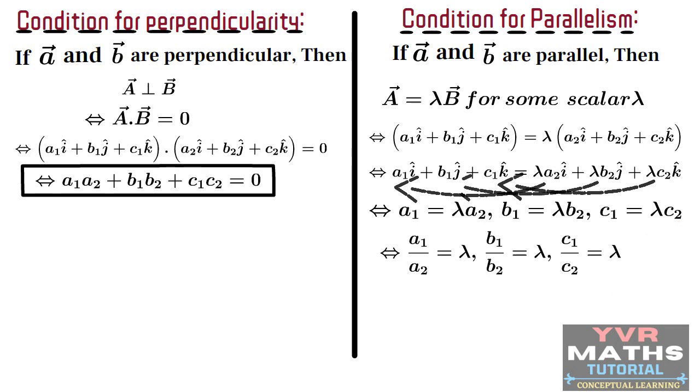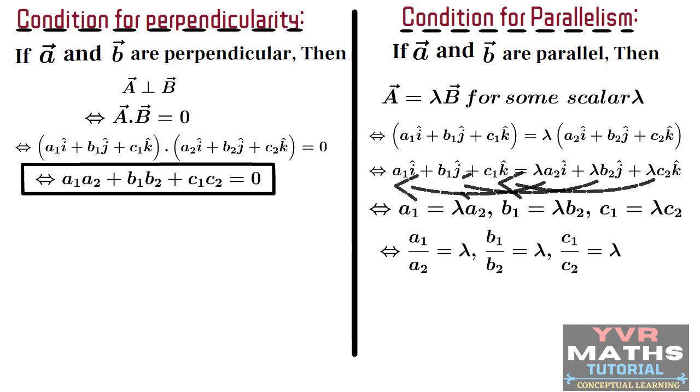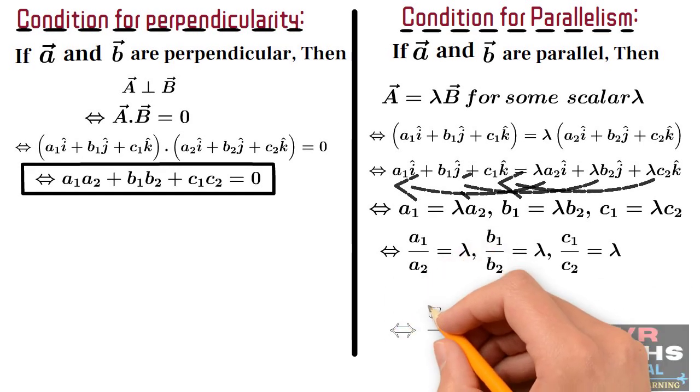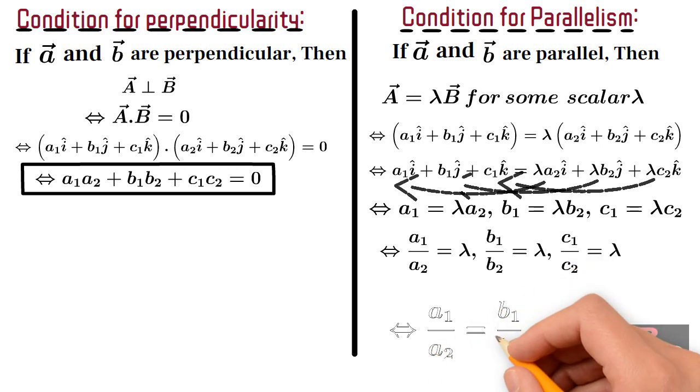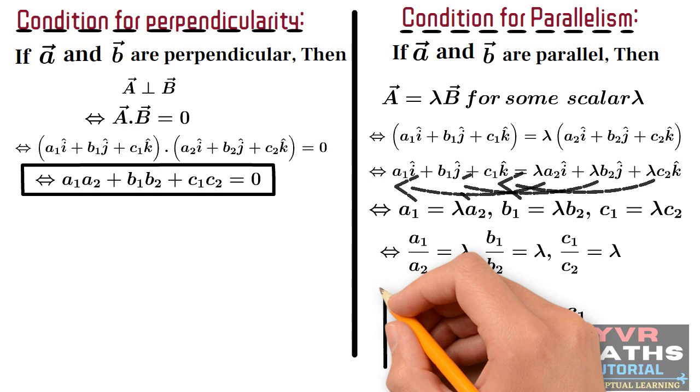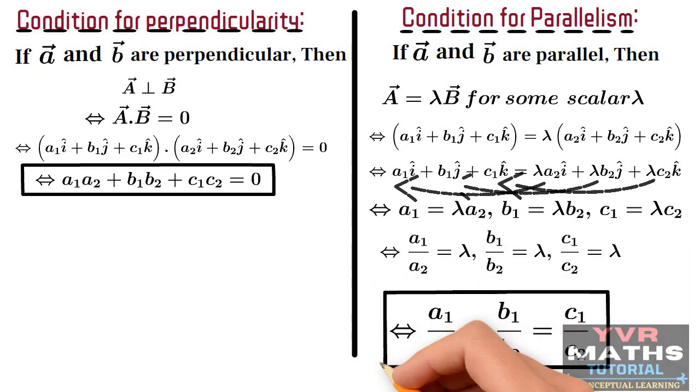If you observe here, the a1 by a2 value, b1 by b2 value, and c1 by c2 value are all the same. That means what conclusion can we give? a1 by a2 is equal to b1 by b2 is equal to c1 by c2. So this is the condition if two vectors or two lines are parallel.